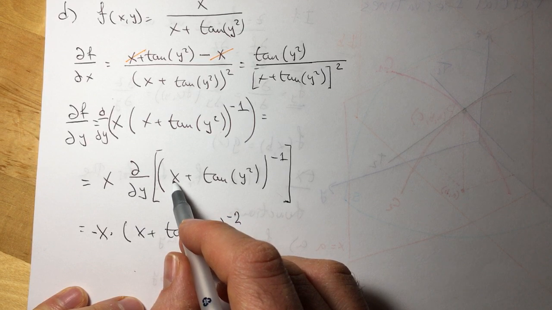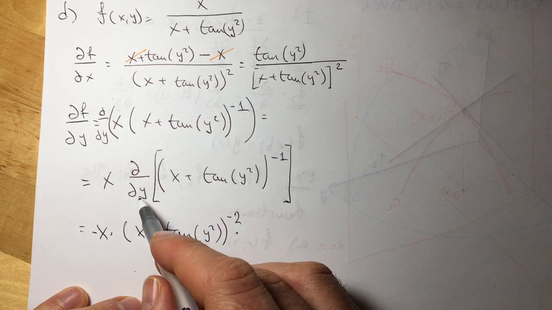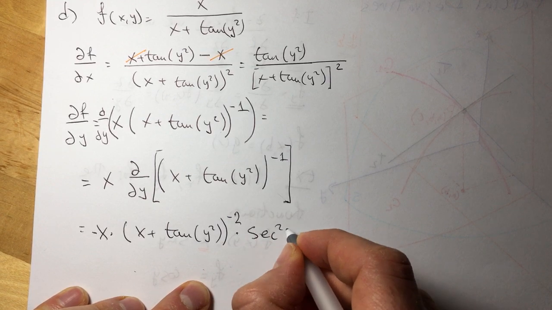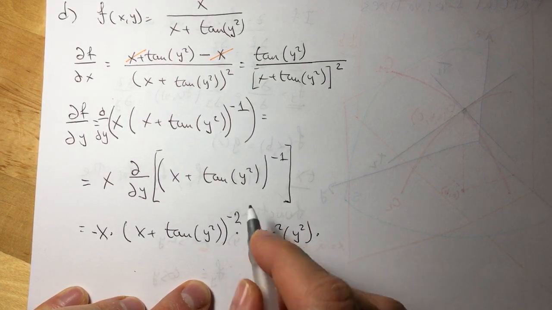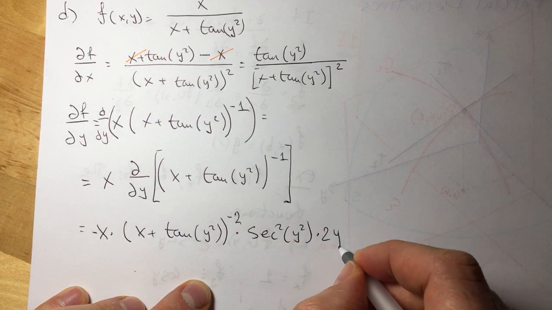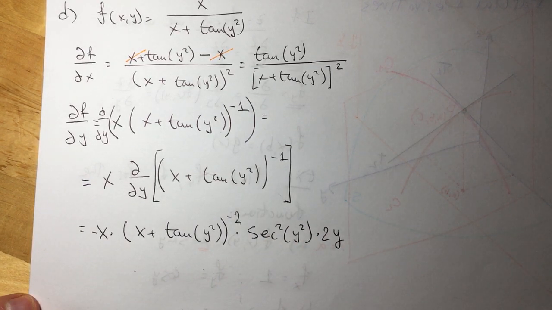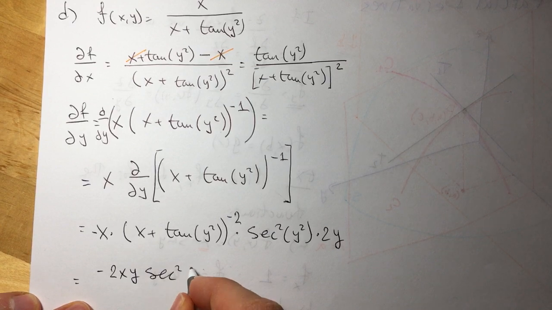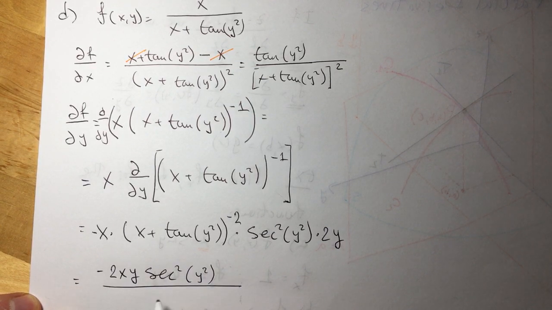So derivative of x is 0 with respect to y, and then derivative of tangent is secant squared of y squared times, by the chain rule, 2y. Okay, and then this can be written as -2xy secant squared of y squared over x plus tangent of y squared, the whole expression squared in the denominator.